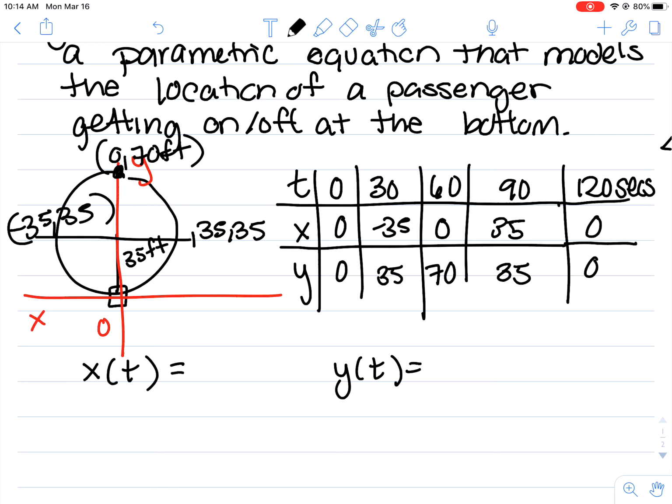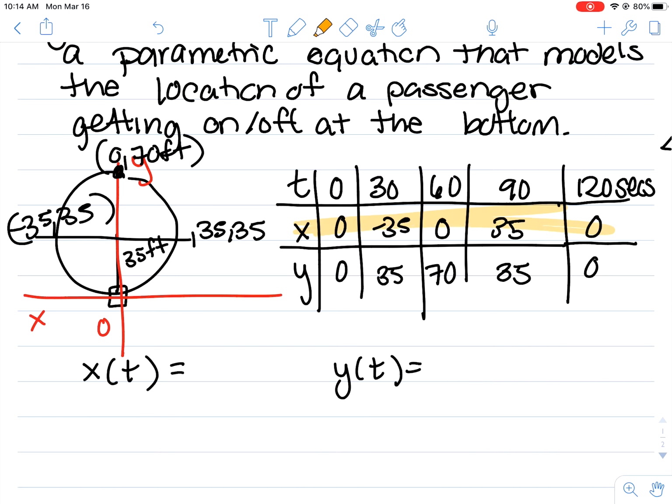So let's start with x. Our input is time, output is our x value. So we're going from 0 to 120. At 0, we're at the origin. At 30, we're at negative 35.